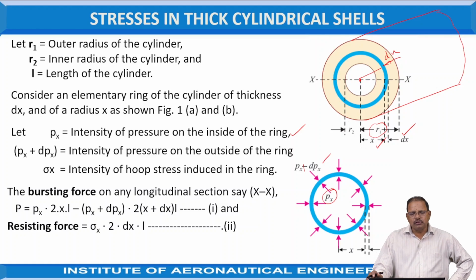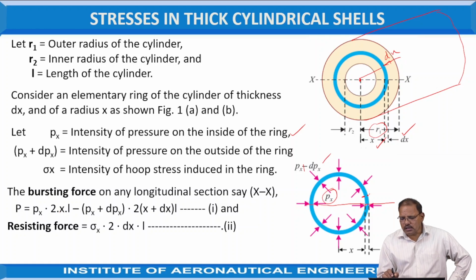The bursting force on any longitudinal section xx is equal to the bursting force. Here we are considering that the pressure is acting just inside, on this wall only, having thickness as given. It is Px into 2xL.